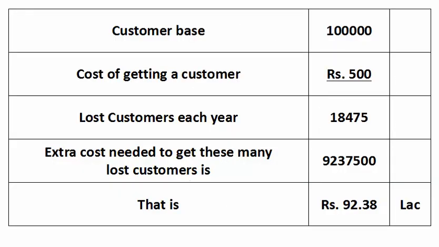This slide will give you more picture about the financial numbers. We took an example of a customer base of 100,000, 1 lakh customers. Suppose the cost of getting a customer is 500 rupees. I'm from India, so I'm taking an example of 500 Indian rupees.